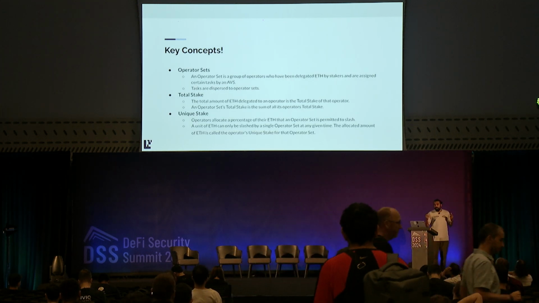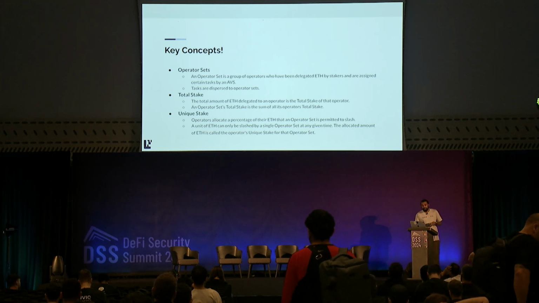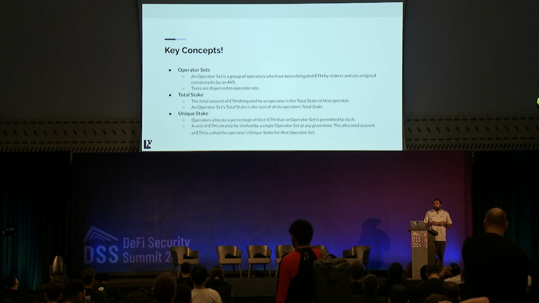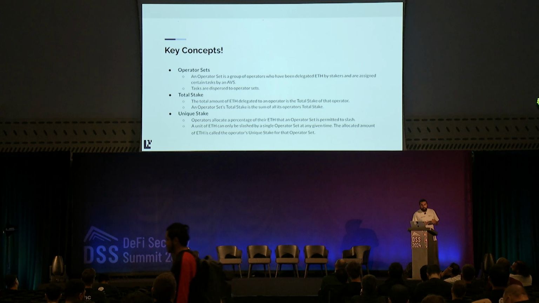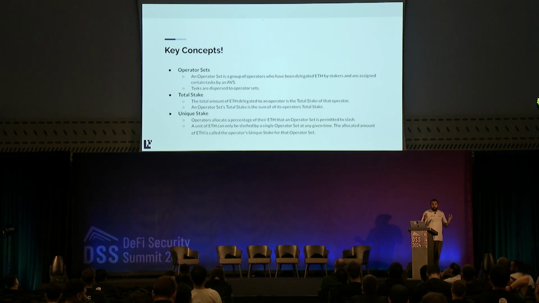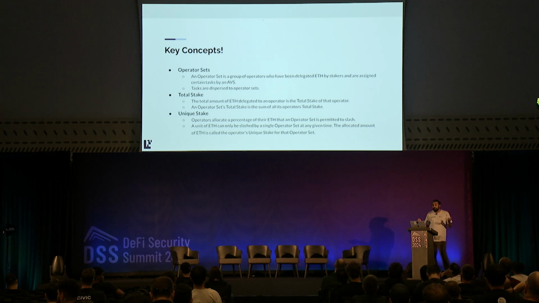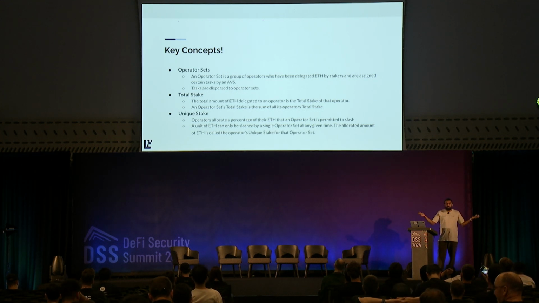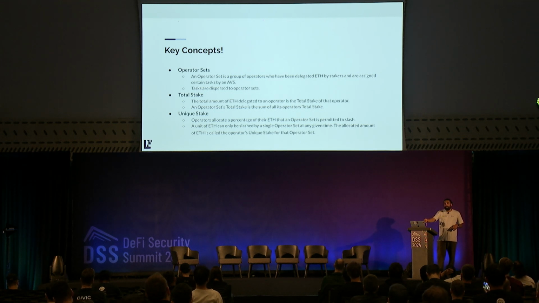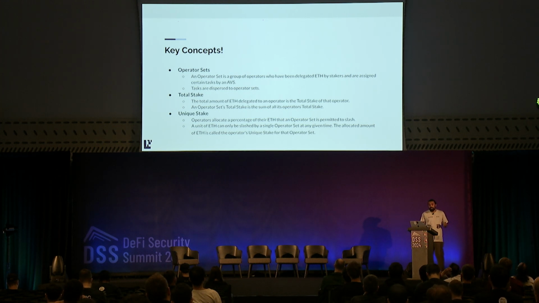So some key concepts with slashing. We introduced this term called operator sets. So operator sets is a grouping of operators who have been delegated ETH. So when I say ETH, it could be any token because we accept any arbitrary ERC20s now. So when you see ETH, it could be anything else. So operators who have been delegated these tokens by the stakers are assigned certain tasks by an AVS.